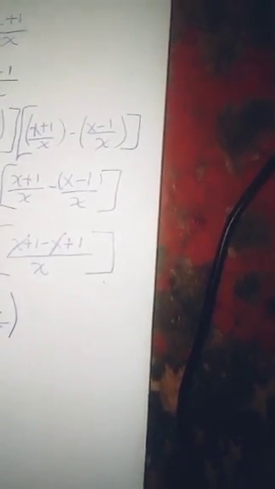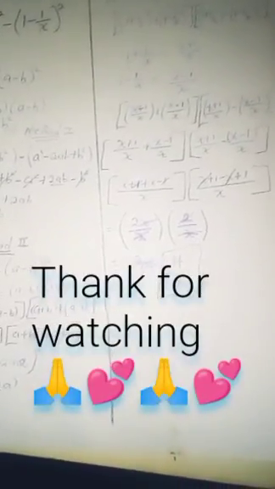It is 2 because here is 1 plus 1, which is 2, and here is x plus x, which is 2x. This one cancels out, and we have x here. Now we have 2 times 2, which should be 4, all over this x. So this is going to be our answer. Thank you guys for watching.